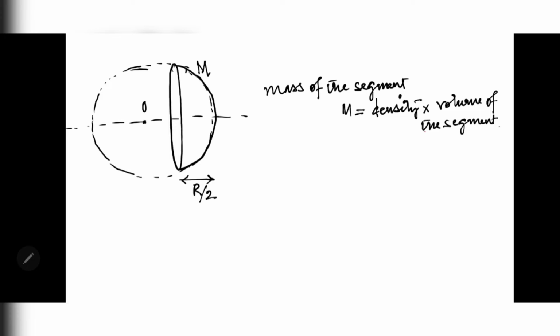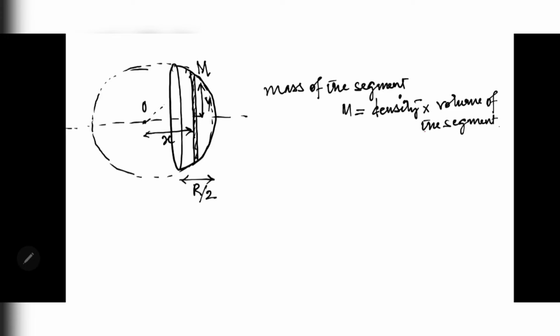Now consider a small disk of radius y and thickness dx. Let the thickness be dx and the distance of this disk from the center be x.